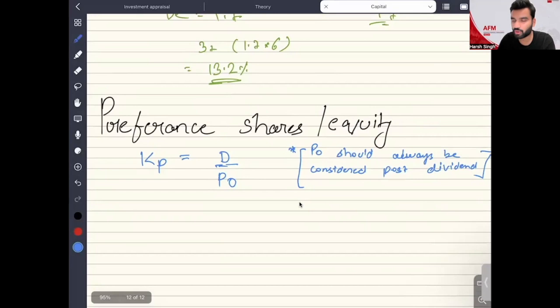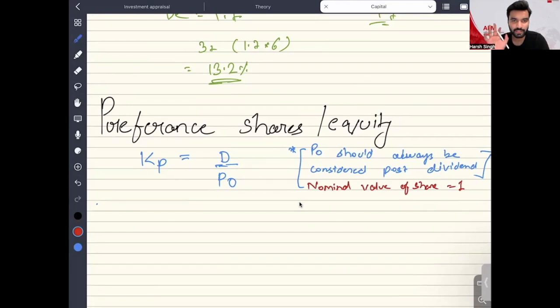So D is always given as a percentage. Nominal value of share is 1 unless or until it is given something else. So just remember that part.